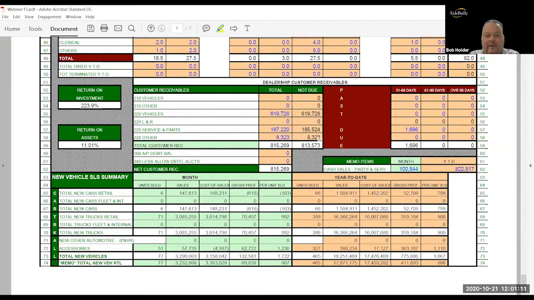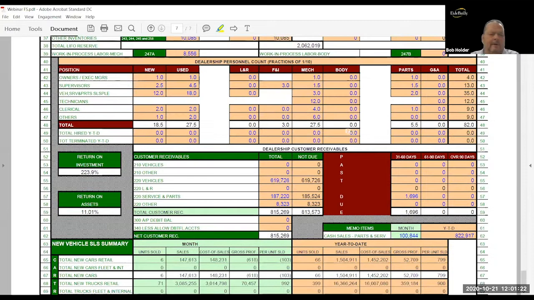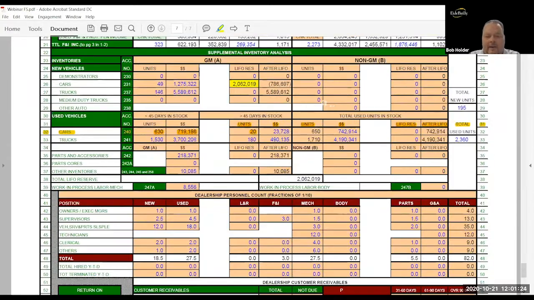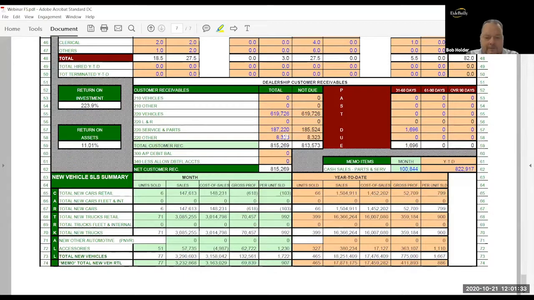Maybe this number's right, but I've seen some with over $1.5 million in receivables and none over 30 days, which blew my mind. Another dealer had like 120 days supply of used cars, but nothing over 45 days. That was just because the memo fields weren't filled out.